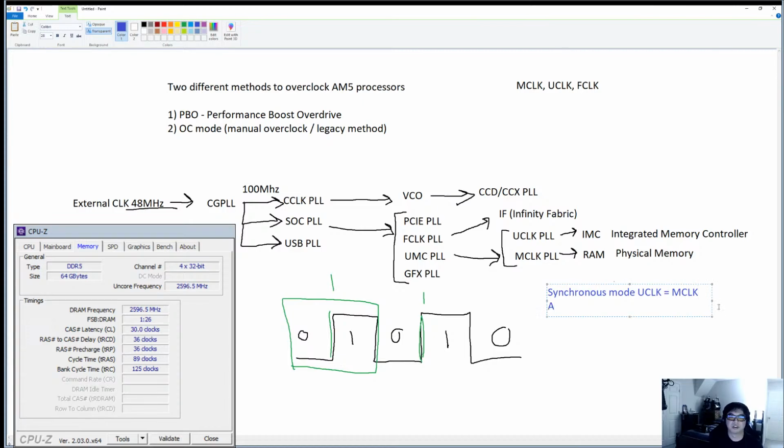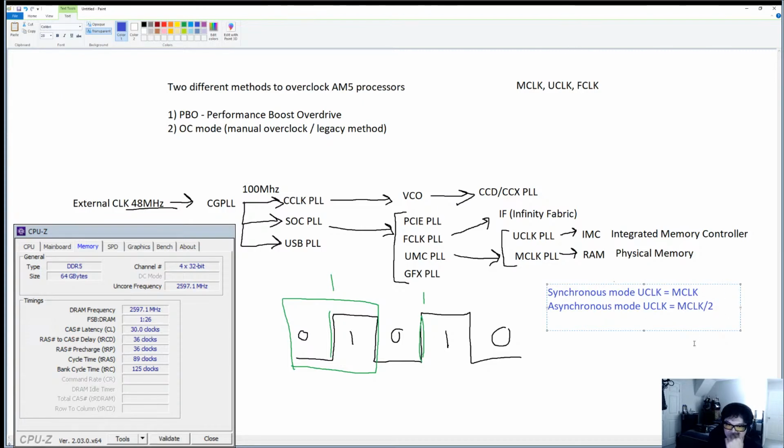And then you have asynchronous mode, which is uclock equals 1/2 of memclock. So it's basically memclock divided by 2.